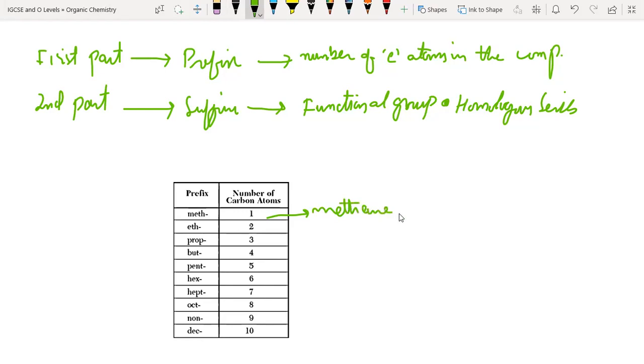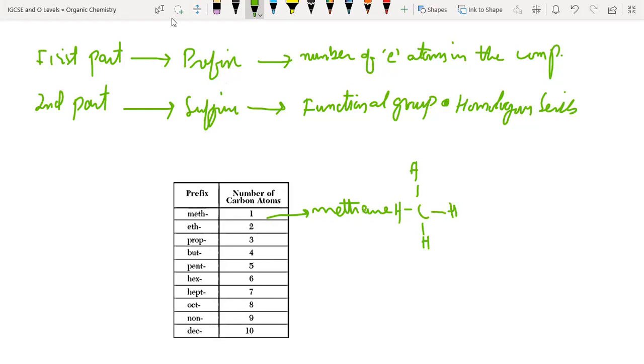Methane means this is a compound which contains one carbon atom, and the other carbon valencies are satisfied by hydrogen atoms. This is methane.